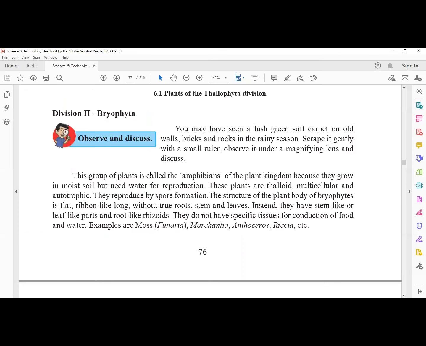This group of plants is what we call amphibians. What does amphibian mean? The organisms that live on water as well as on land.